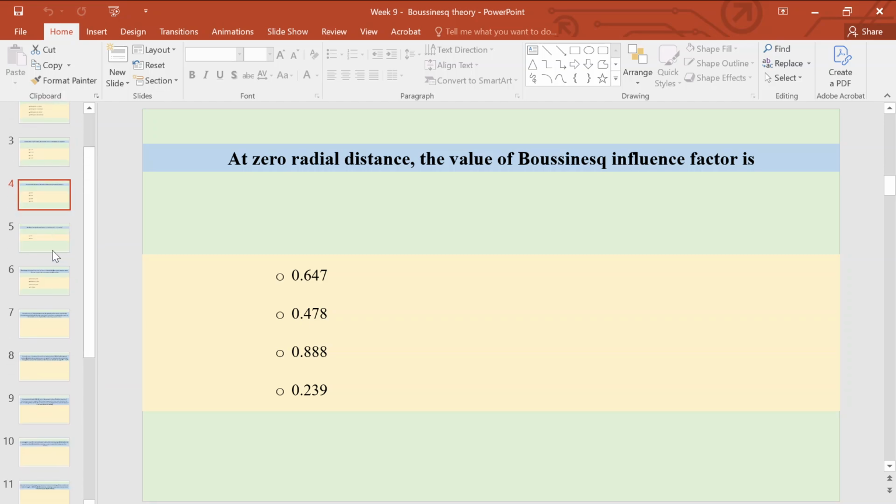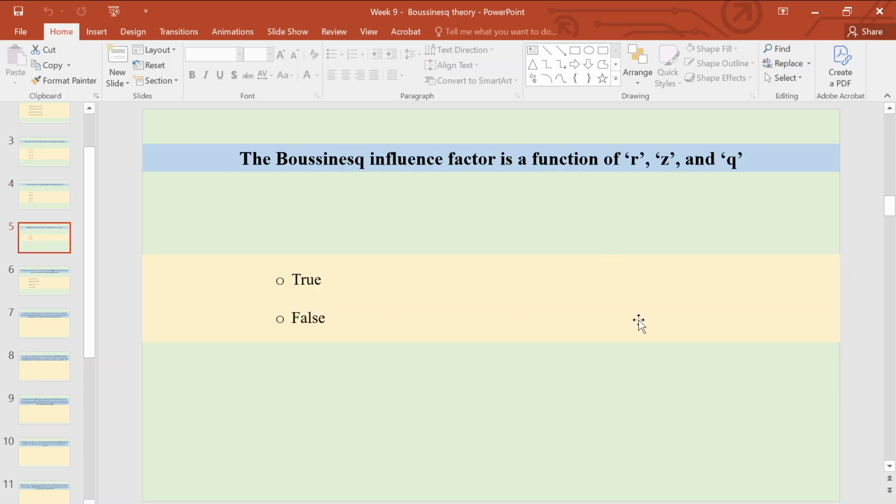Next question. The Boussinesq influence factor is a function of r, z and q. R is the radial distance, z is the depth and q is the load. Is this statement true or false?